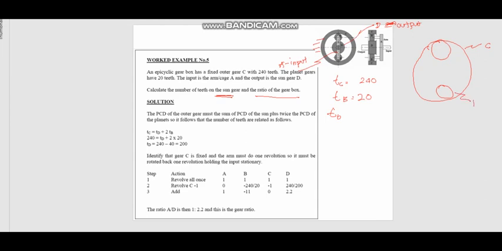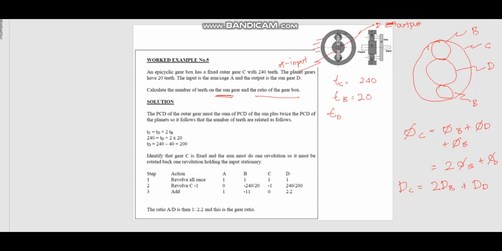This is B, this is also B, and we have a sun gear, which is called D. If I want to find the diameter of C, it is equal to the diameter of B plus the diameter of D plus the diameter of B. So it is equal to 2 times the diameter of B plus the diameter of D. And we want to find TD.